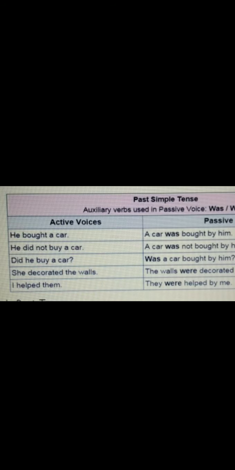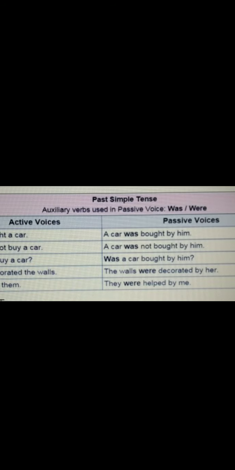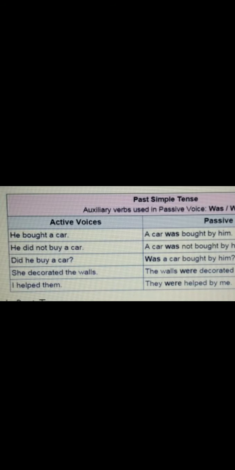Because a car is singular, we will write was, then bought, the third form of verb or past participle, by, then him, the objective case, as I told you in the last class about the changes of personal pronouns. So he will be changed into the objective case of he, that is him.